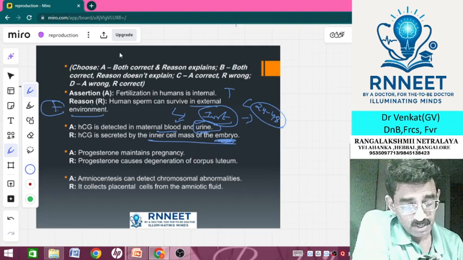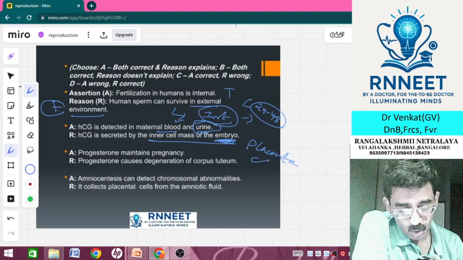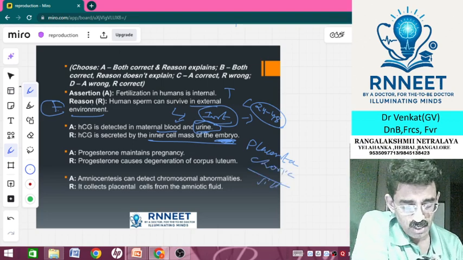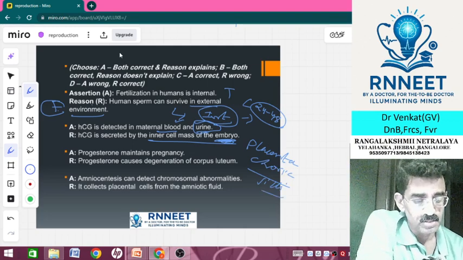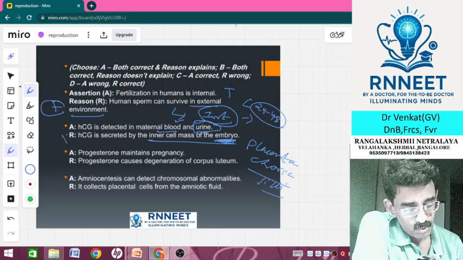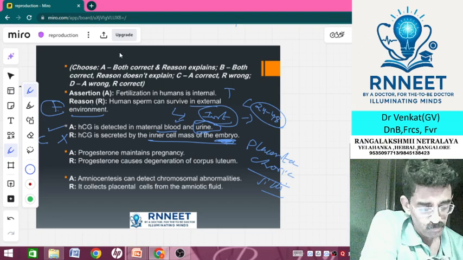It's secreted by the placenta. The chorionic villi secrete the HCG, and the placenta is part of the maternal side, the uterus, and not of the embryo. So this reason is false. A is correct. Again, the answer is C.